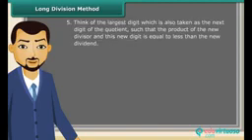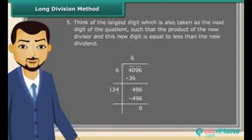Next, think of the largest digit, which is also taken as the next digit of the quotient, such that the product of the new divisor and this new digit is equal to or less than the new dividend. Here we have 124 multiplied by 4 equal to 496. Since the remainder is 0, the square root of 4096 is 64.